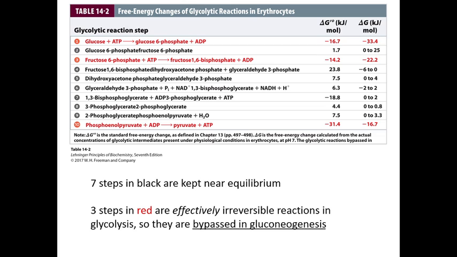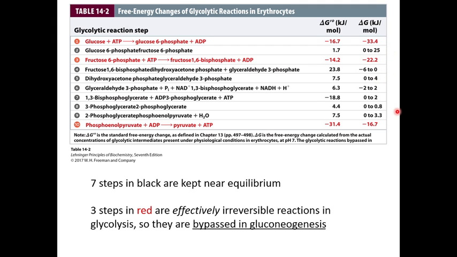We have seen this table before. And the reason why I'm showing this table again is to emphasize 2 points. The first one is that there are 7 steps in black that are kept at near equilibrium. As you can see, 1, 2, 3, 4, 5, 6, 7.